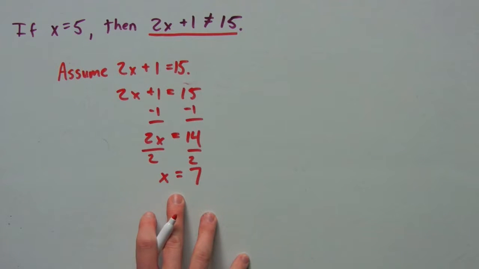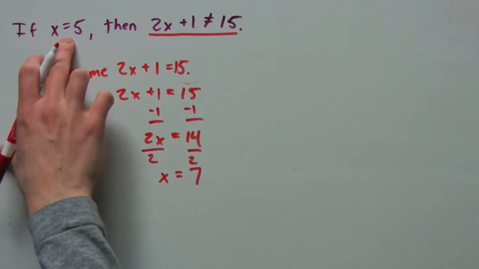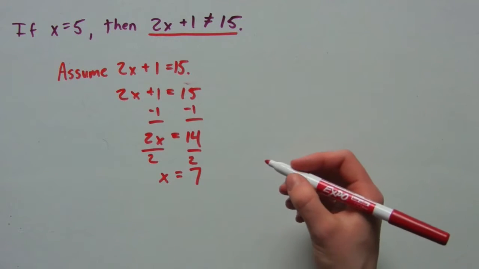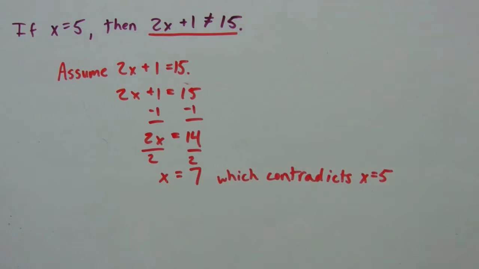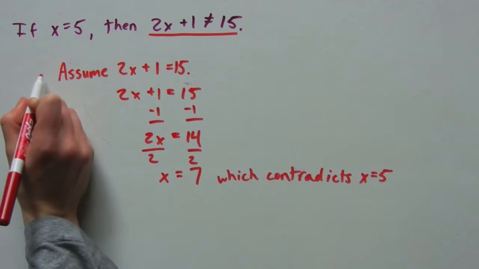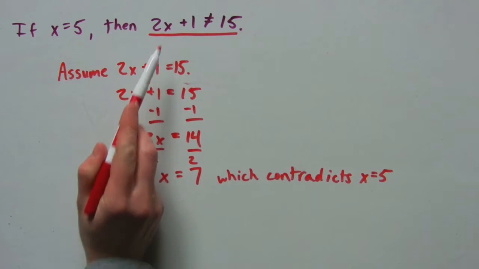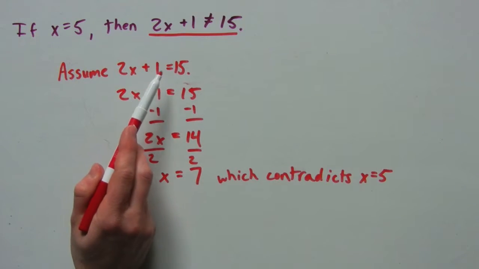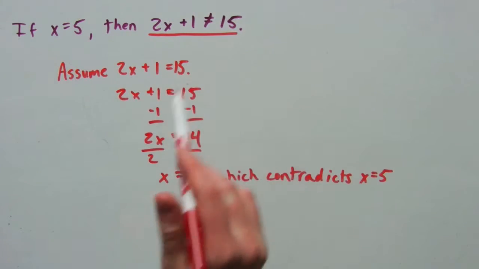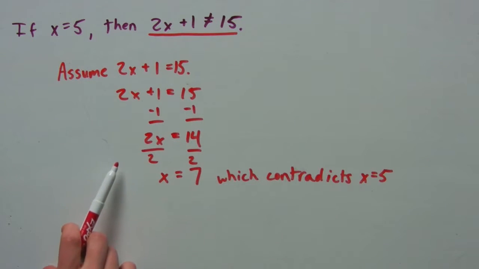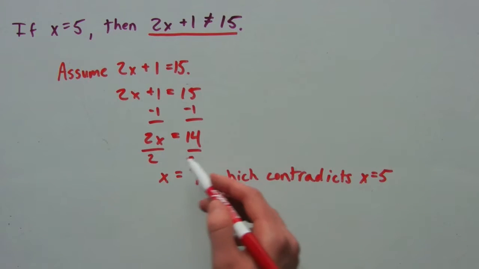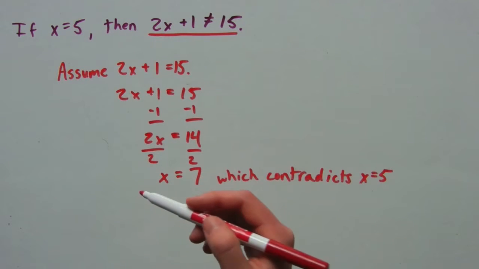But our original hypothesis said that x is equal to 5. So this is a contradiction. In step 1, we assumed that the conclusion was false, so 2x plus 1 was equal to 15. In step 2, we showed it's a contradiction. We can now move on to step 3, which is concluding our proof.